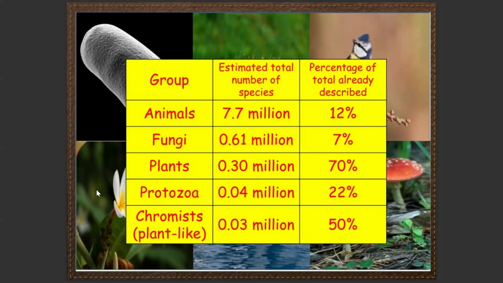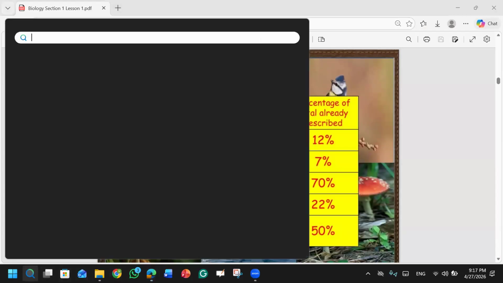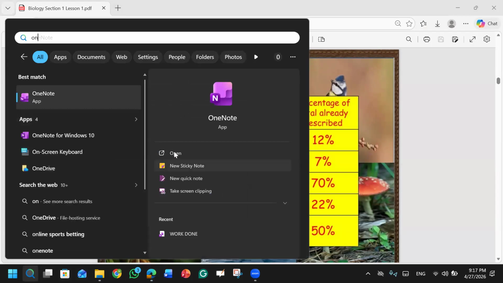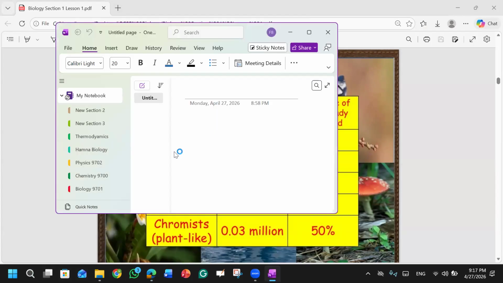Firstly, Monera. Then there was Protista. Let me write it. So Monera, Protista, fungi, Plantae, and Animalia.